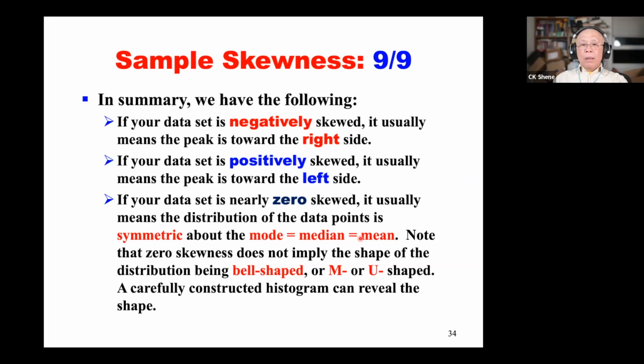Note that zero skewness does not imply the shape of the distribution being bell-shaped or M-shaped or U-shaped. It's whether it's symmetric or not. So you have to carefully construct a histogram to reveal the true shape.